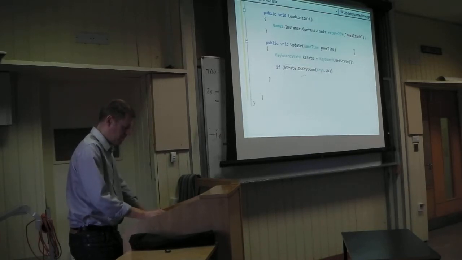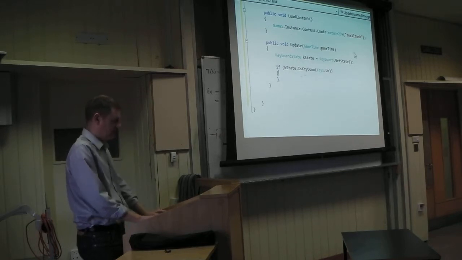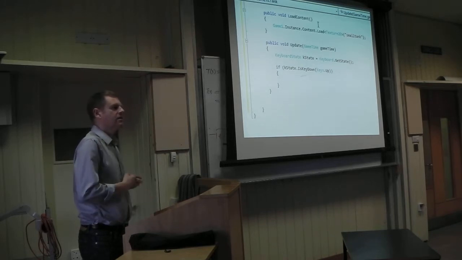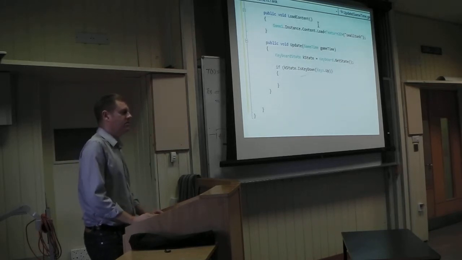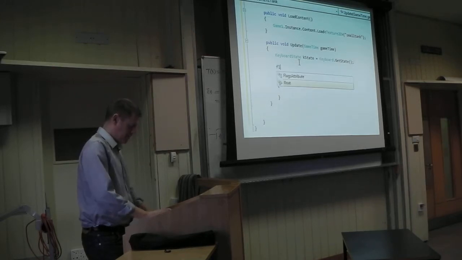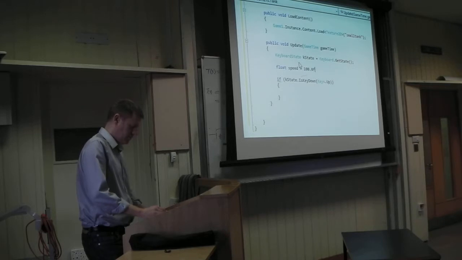Now let's do something cool here. Let's make our tank rotate. So the up key, what do I want to do to the position when I press the up key? I want to do something with the Y. I want to subtract some value from the Y. So we did a little bit of this yesterday, where I basically declare a variable called speed. And we'll say that I want to move 100 pixels a second.